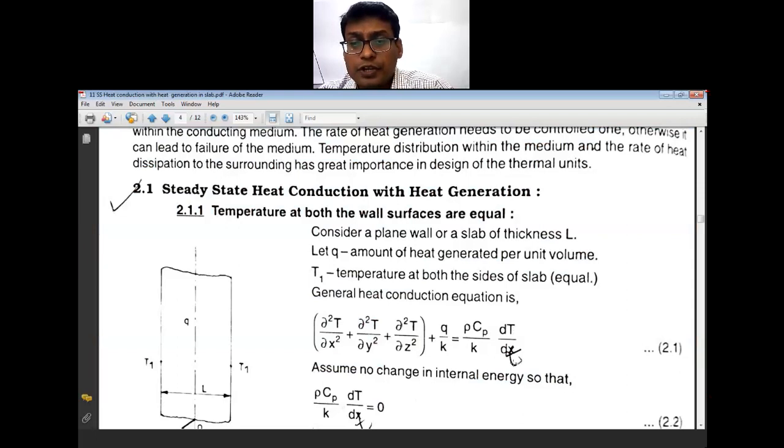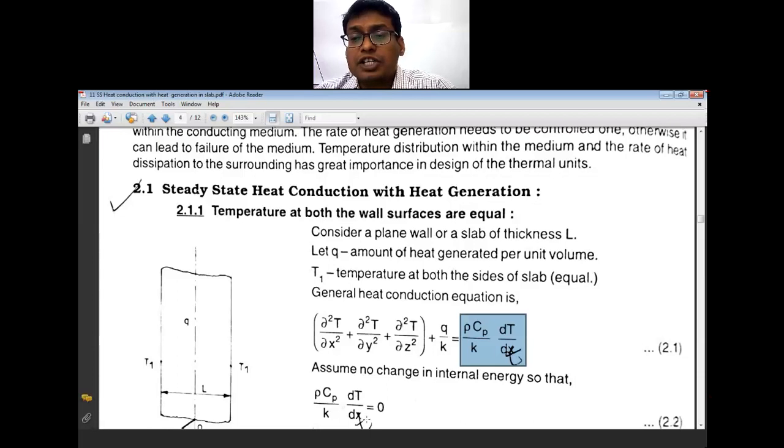Now we are taking steady state heat conduction into account, so this term is going to be 0, assuming no change in the internal energy. So dT upon dt, the change in temperature with respect to time, becomes 0. That means it is at a steady state.